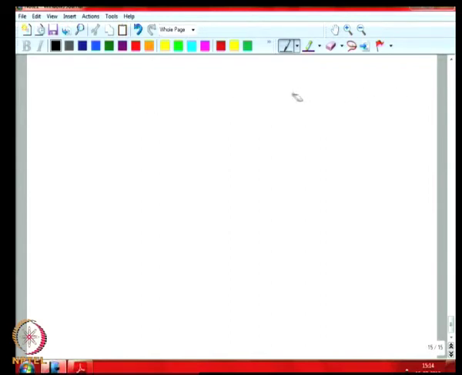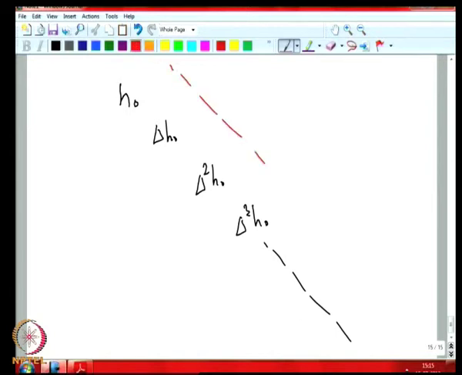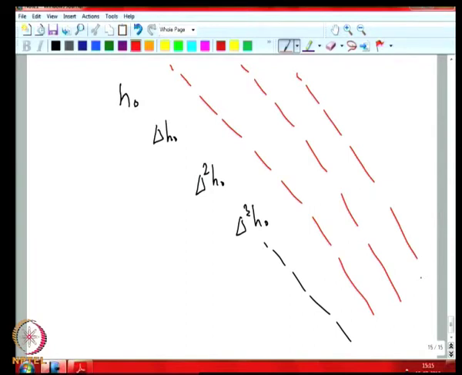But what is interesting is it can also be completely generated if somebody gives you only this left edge, or 0th diagonal, of the difference table, namely the numbers h0, delta h0, delta square h0, delta cube h0 and so on. If these numbers alone are given, then we can write down the next numbers, and then the next, and so on. We can generate the entire table from this.